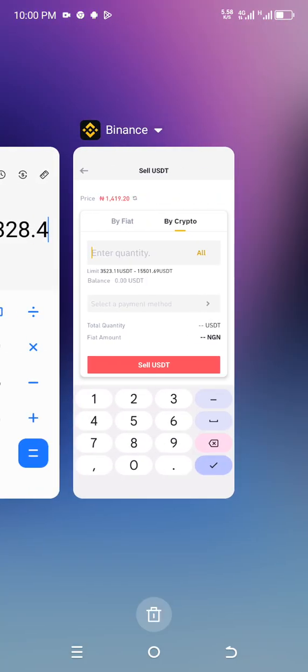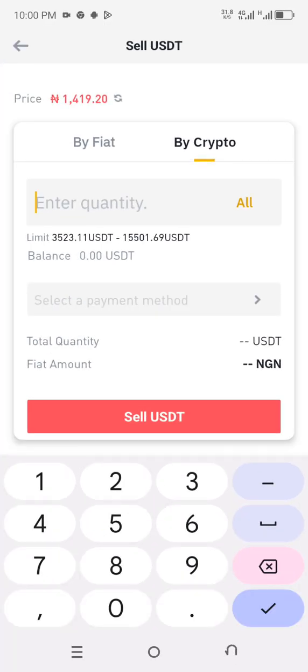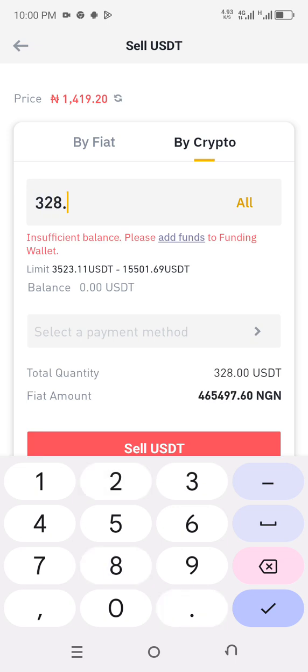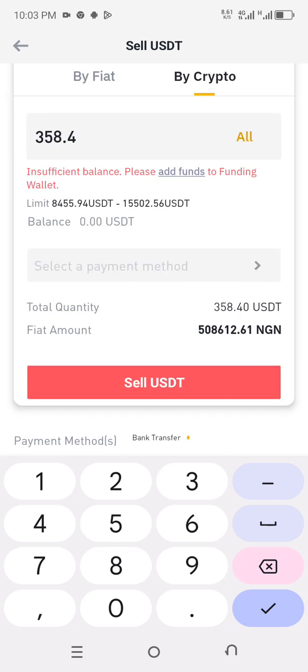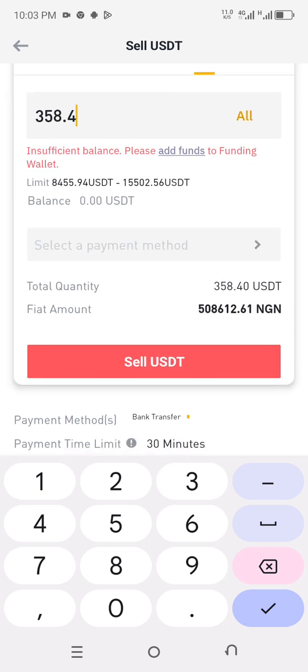Let's sell the 358.4 that we purchased with 500,000. So sorry, it was not 328, it was 358. So we are going to get 508,612 naira. Wow.